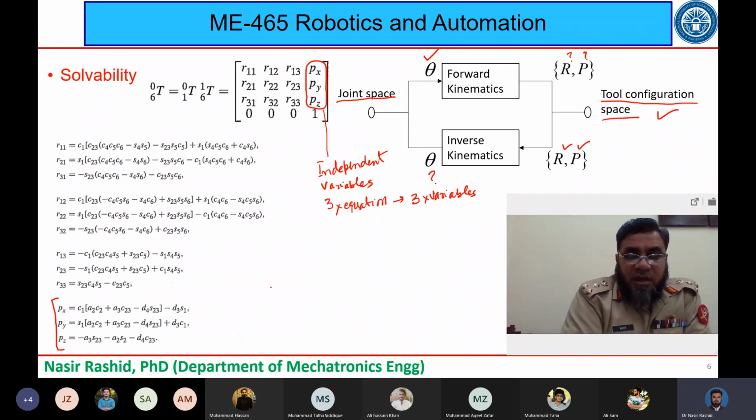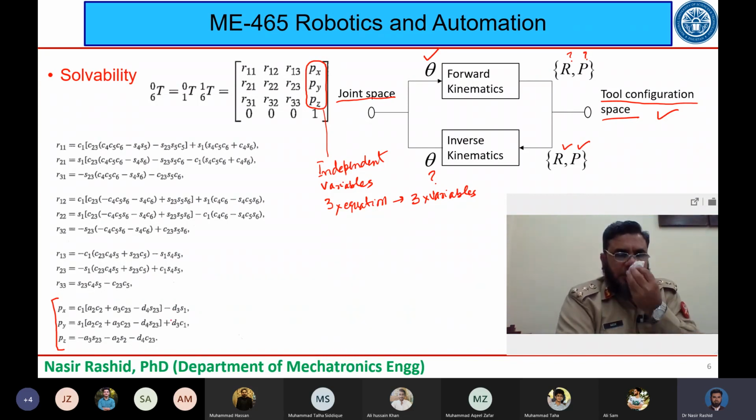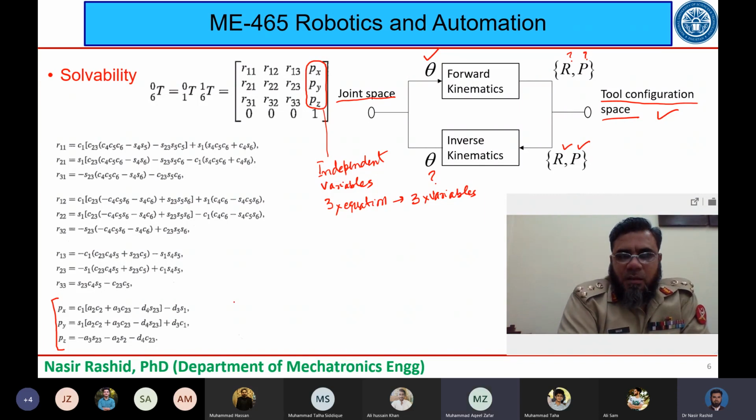Okay. But again, although these equations are independent, the joint variables play a role inside them too. And how many joint variables do we have? How many joint variables do we have in the Puma robot? 6.